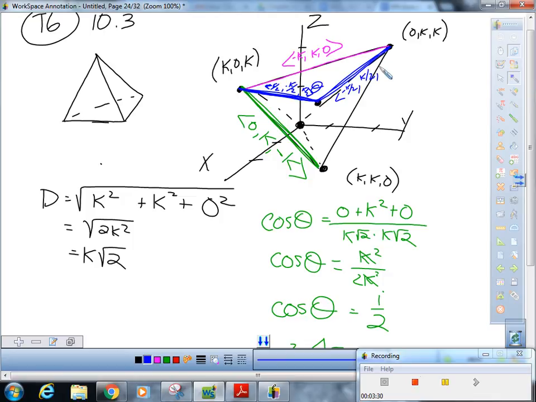K minus k over 2 is k over 2. So what it's looking for is the angle between the vector k over 2, negative k over 2, k over 2, and the vector negative k over 2, k over 2, k over 2.